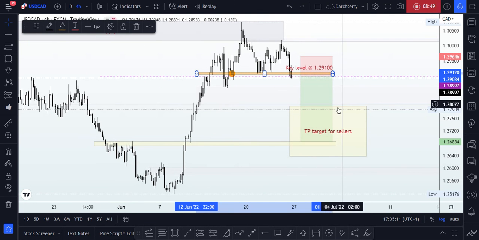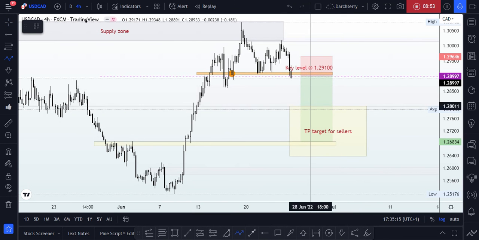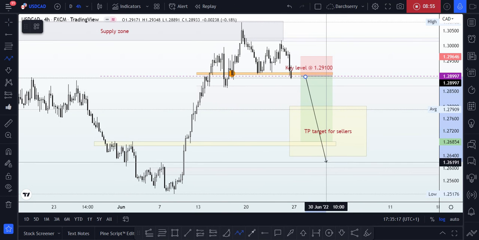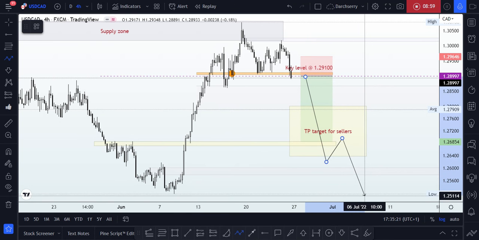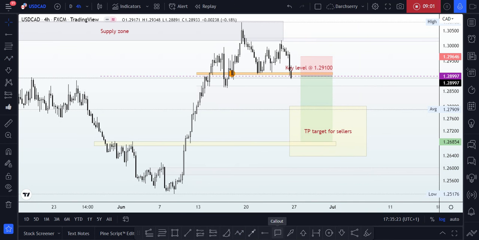So this is my perspective here on the USD CAD. And like I said, if we do have a breakdown of this area during this week, a retest of structure could push price further to the downside. So this is my scenario here on the USD CAD, and I hope the data herein will be enough to help you make individual investment decision during the new week.